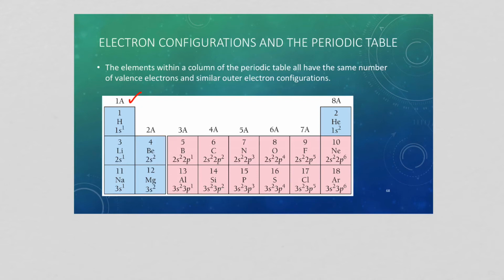So they all have one valence electron, and it's in an s orbital. If we go over to, say, the halogens, notice all of these have an s2p5, whether it's 2s2 2p5, or 3s2 3p5. So they always have that same configuration, yielding 7 valence electrons.